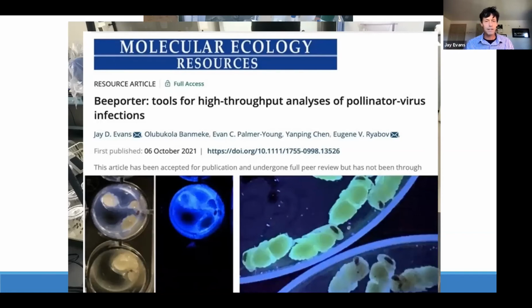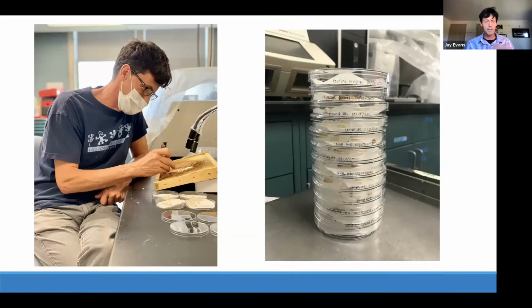I can talk later in the questions or elsewhere about the 2 flavors that we've been using, but to cut to the chase, the one that we favor right now for quantifying virus growth is a luciferase-expressing virus, nanoluciferase. It tends to be a bit more stable in the virus genome, and tends to be pretty quantitative in terms of reporting back how many virus copies are there. And I love this project.